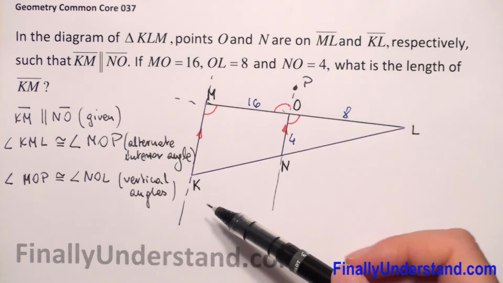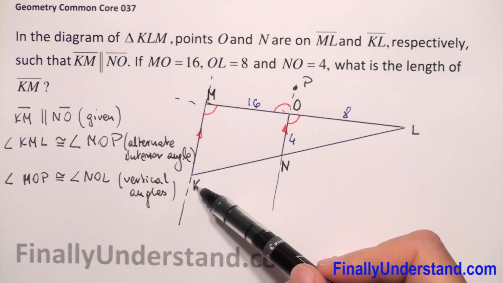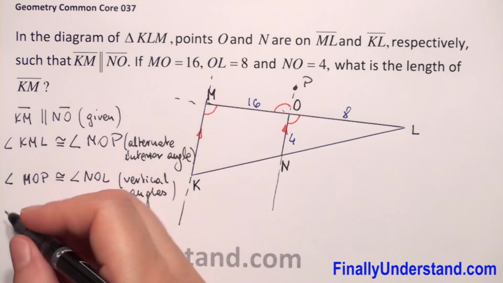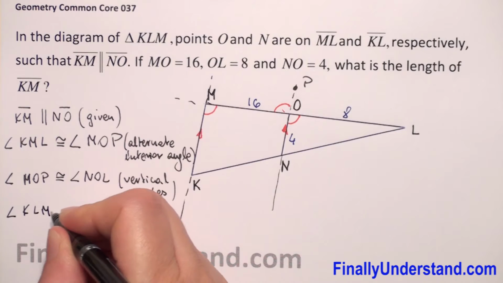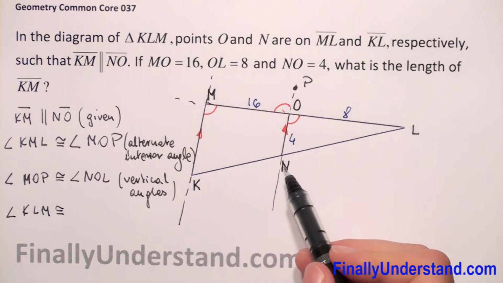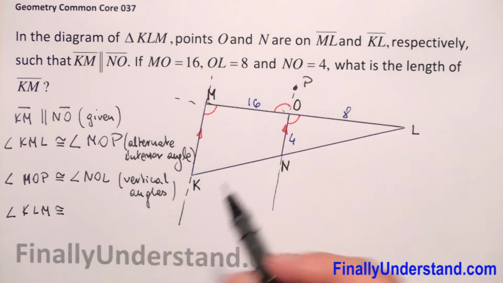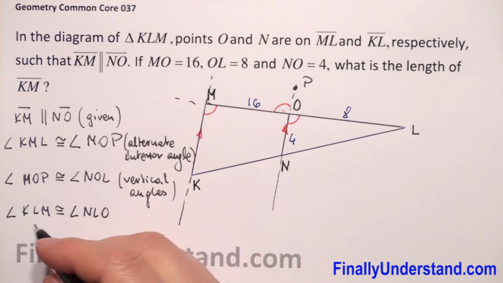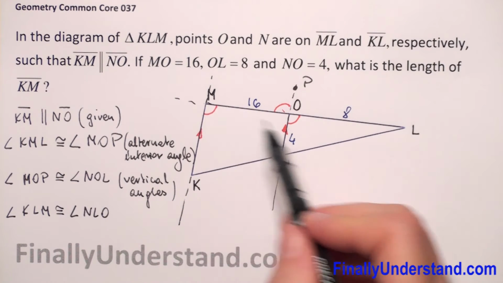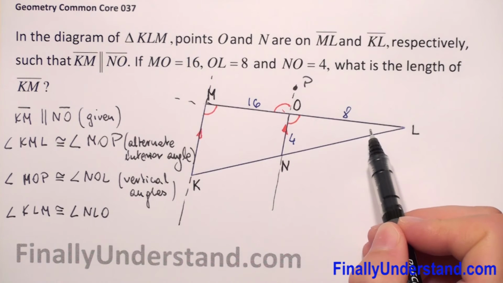And like I said also, angle KLM is congruent to angle NLO. These two angles are the same angle, so they are congruent.